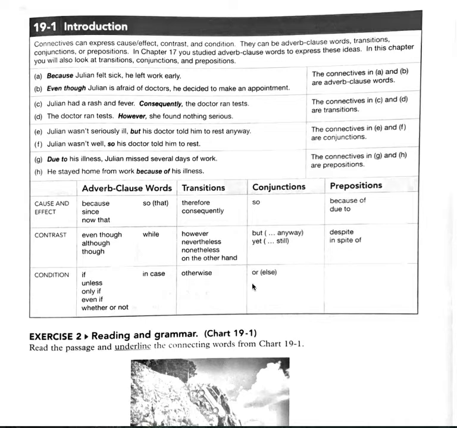And then a conjunction that gives us condition: or else. We will go to the movie or to the park after we finish class. Prepositions. These words, because of and due to, show us cause and effect.